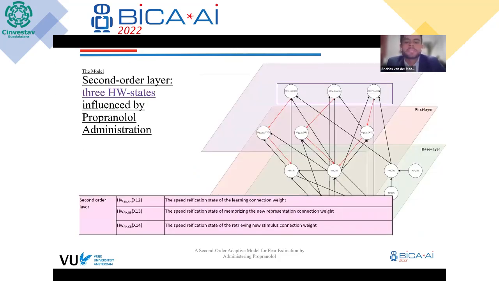Now, the second order layer activates learning. So recall that the first layer is responsible for learning, whereas the second layer activates the learning.